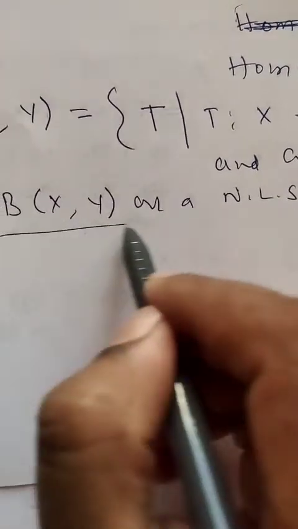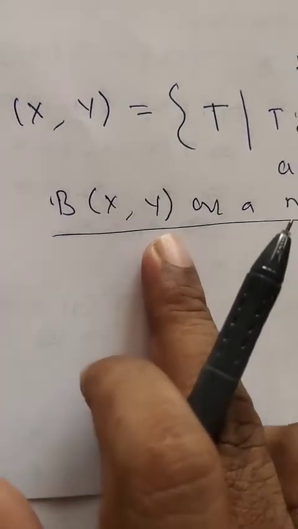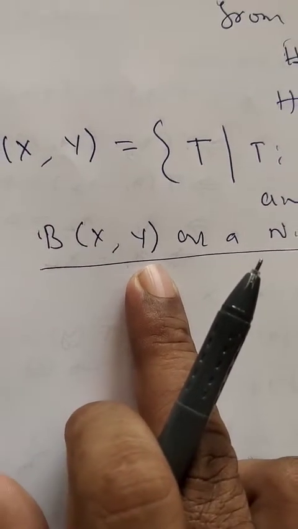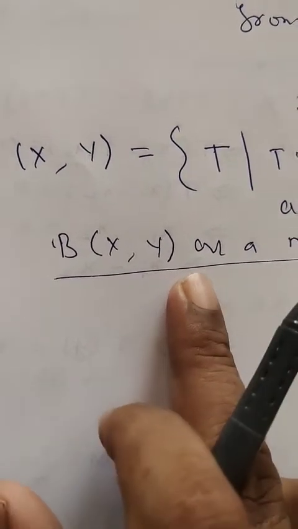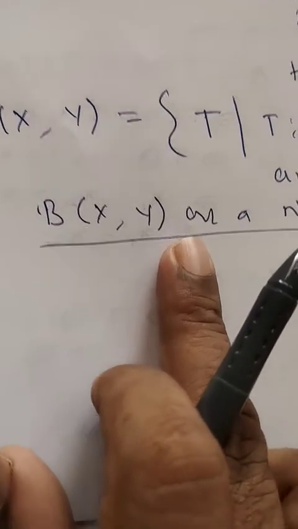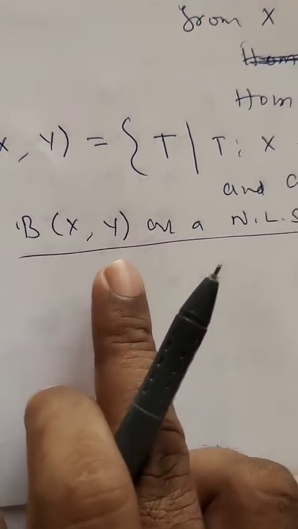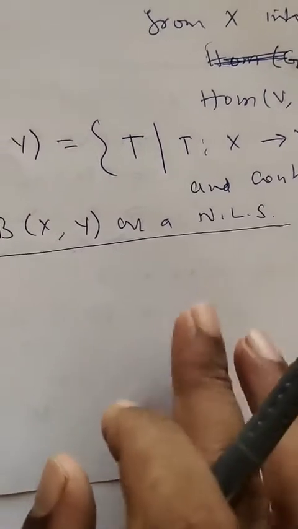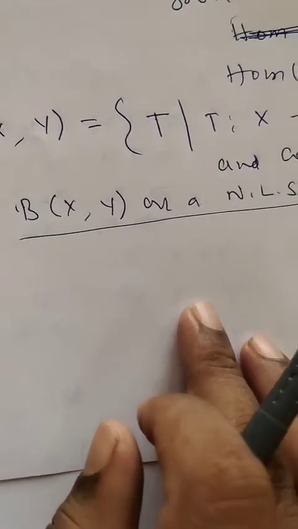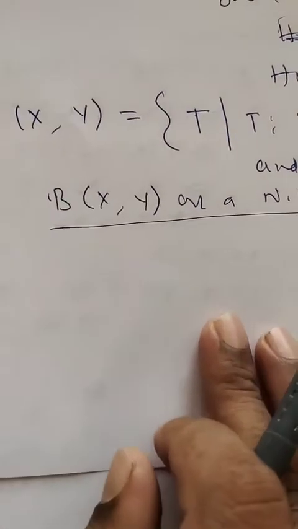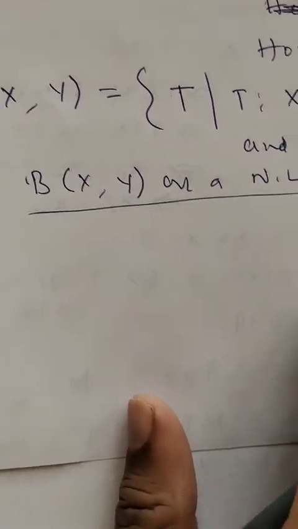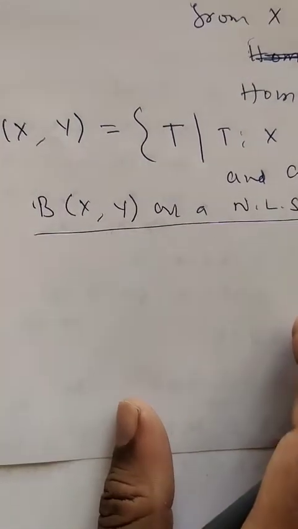See here, B(X,Y) contains not the ordinary terms. They are all functions or maps T from X to Y which are continuous as well as linear. Now can we make B(X,Y) a normed linear space? Yes, we can make B(X,Y) a normed linear space by suitably defining the operations and the norms.